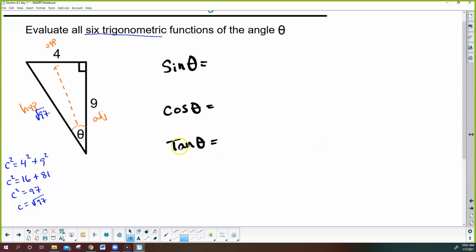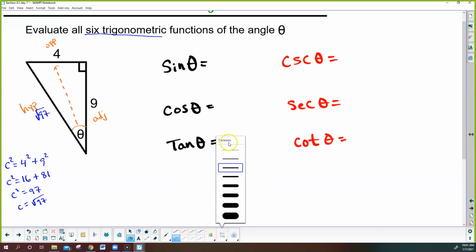And this is the way my brain works. If I know tangent, I know cotangent is its reciprocal. And then I know if I spell cosine backwards, that's kind of a very loose way of me remembering that cosine and secant match up. And that leaves just cosecant for sine.